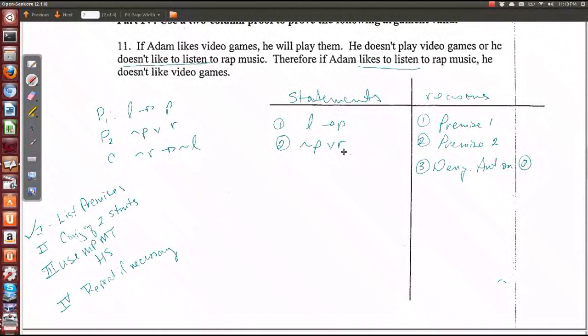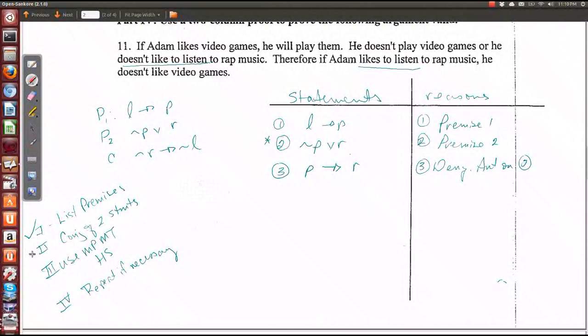And that's going to change this to a conditional, but only the antecedent changes. So I end up with P conditional R. And that uses up step 2. Now I'm ready to continue.